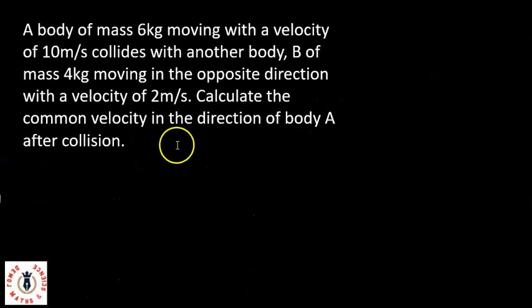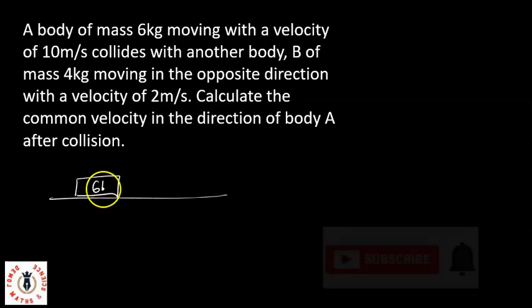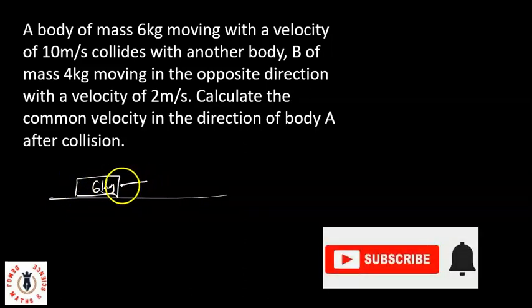In this example, a body of mass 6 kg is moving with a velocity of 10 meters per second. It collides with another body of mass 4 kg, which is moving with a velocity of 2 meters per second in the opposite direction.